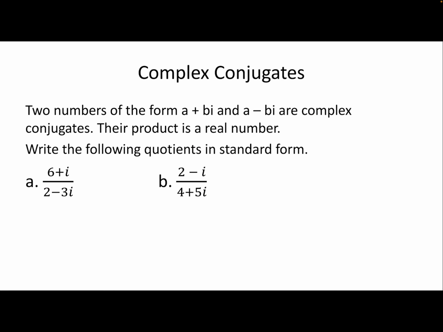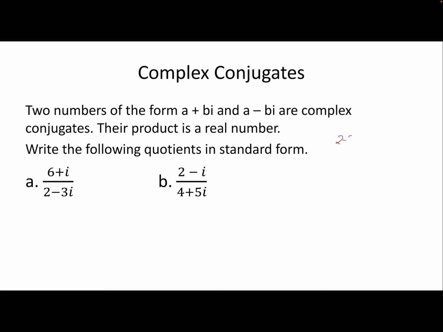A plus bi and a minus bi, like the last example, are complex conjugates, and their product is a real number. So when we're trying to find the following quotients in standard form, we want them in a plus bi form, and that means that we do not want to have a radical in the denominator.